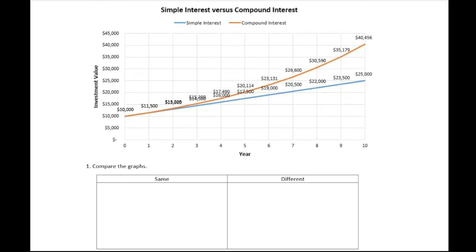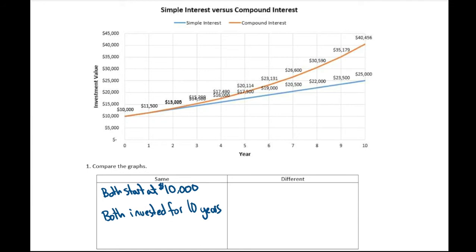Right, so if you take a second to look at the blue and the orange line, some things that you recognize that are the same are that they both start at $10,000. So both investments are at $10,000. And they both invested for 10 years, at least what we've graphed.